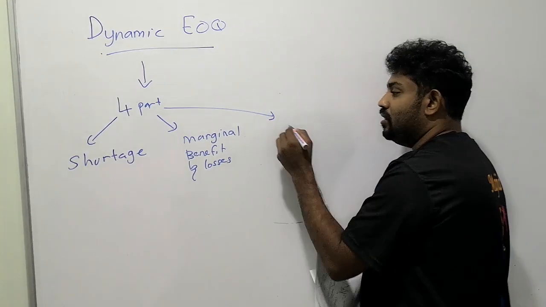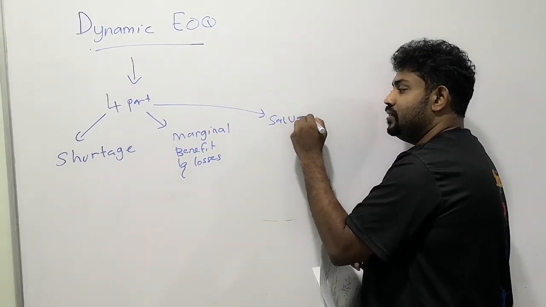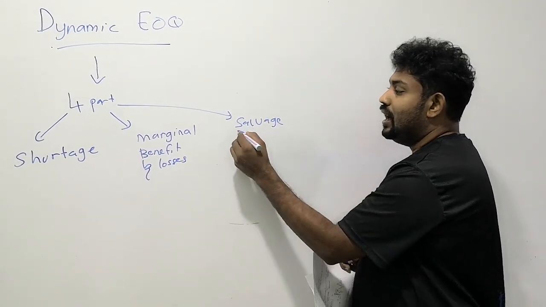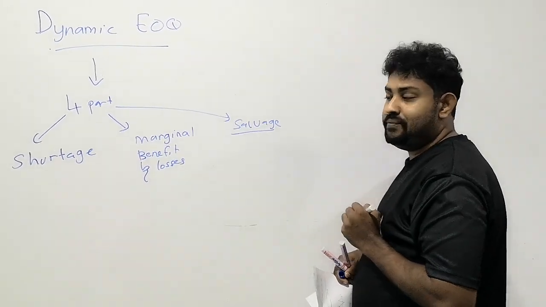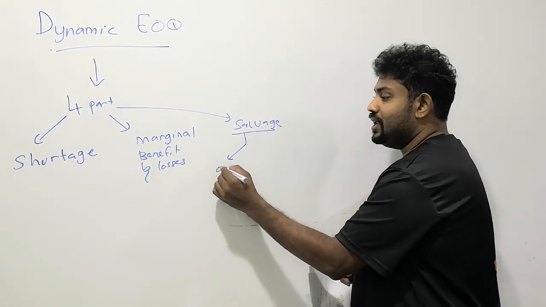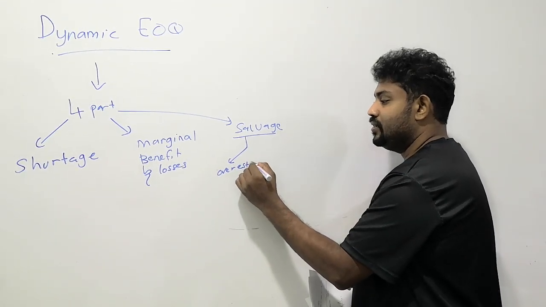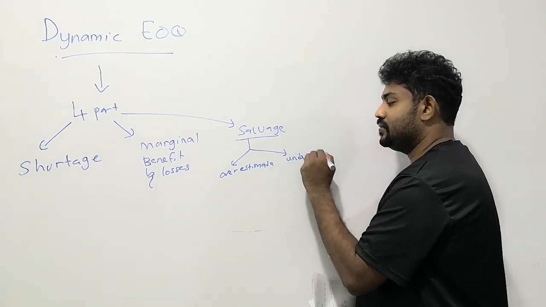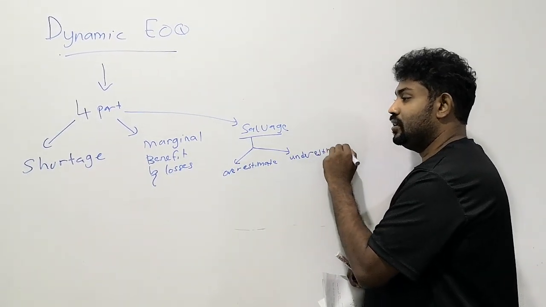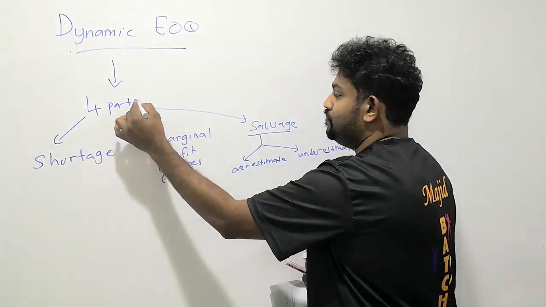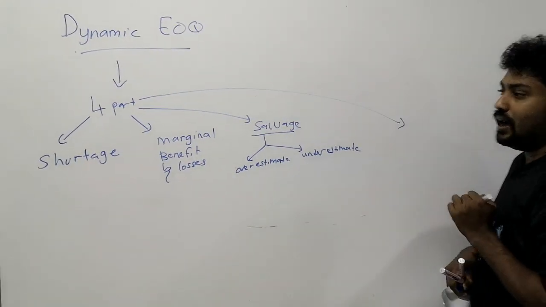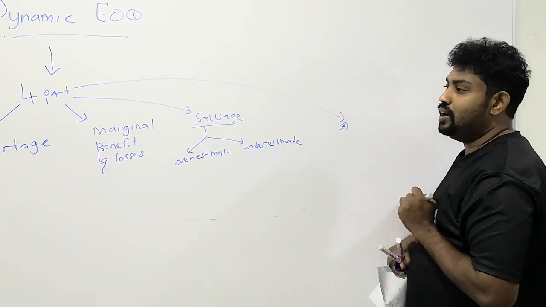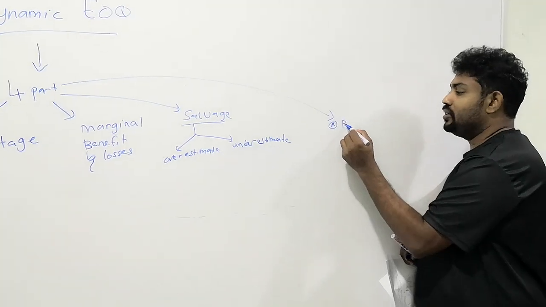The third part will be on salvage value, where we're going to look at the conditions if we have overestimate and underestimate. And finally, the last part will be a new form that's called backlogging.